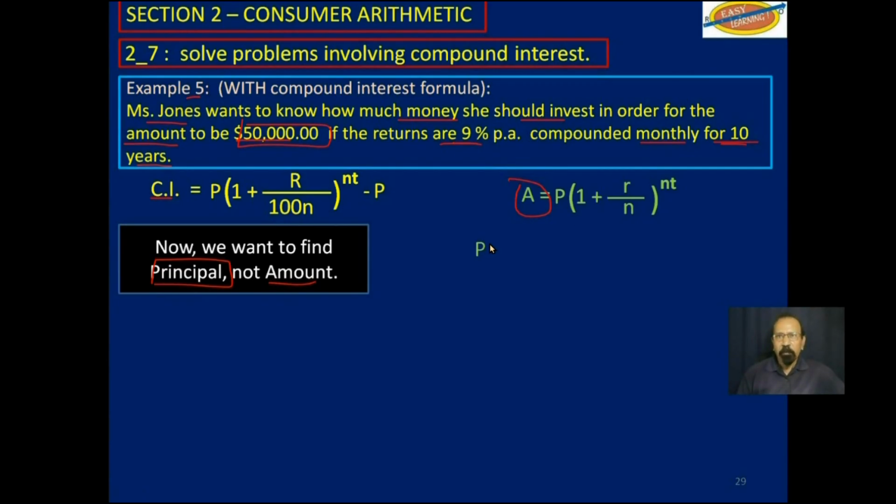So we change the subject of the formula and leave P alone on this side, which would be equal to A. And this rest of the stuff here, everything there goes underneath if we cross multiply. So this is the formula now that we have to calculate the principal. How much money should she invest under those conditions to get $50,000 at the end?